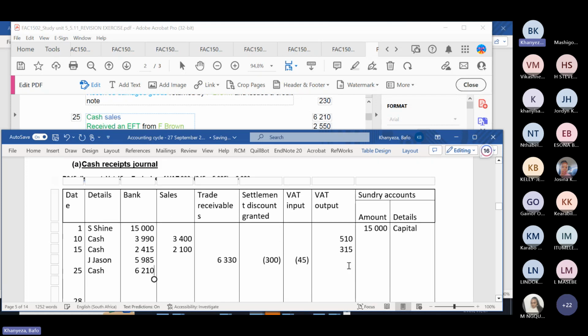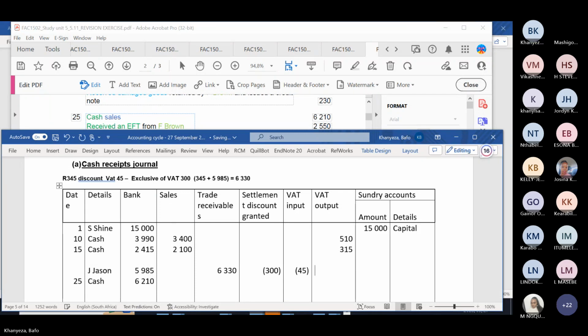Output VAT is for sales. Then the net of VAT that will go to sales is going to be 5,400.